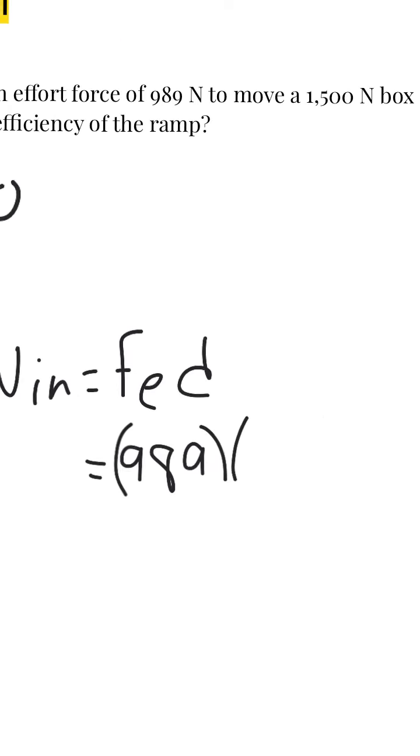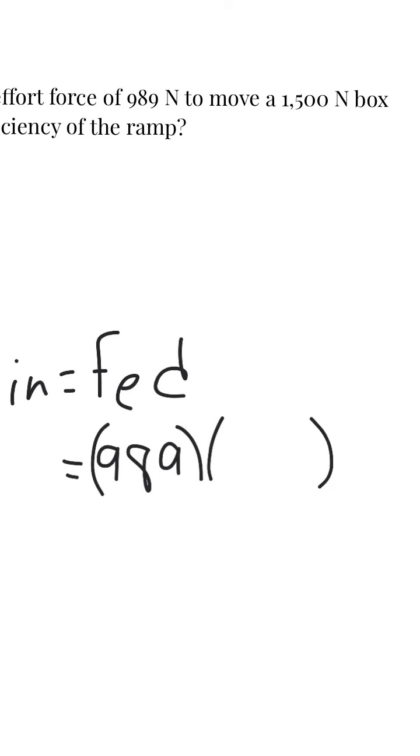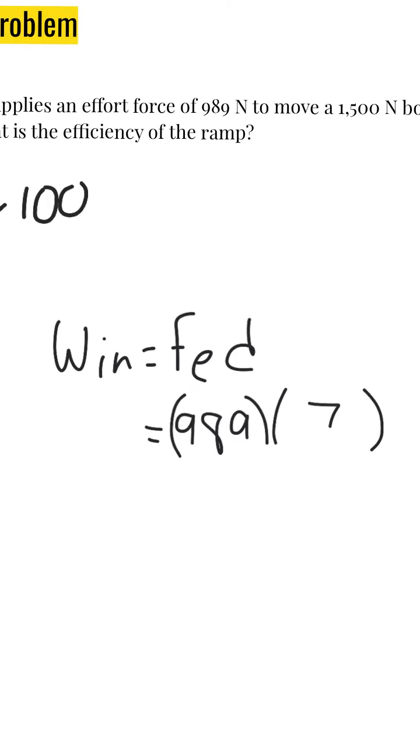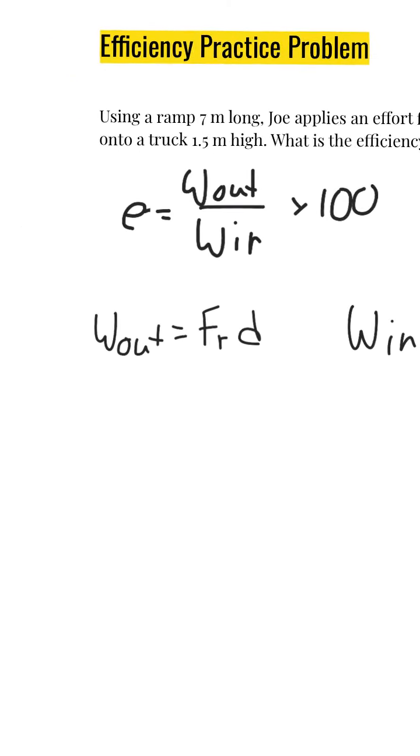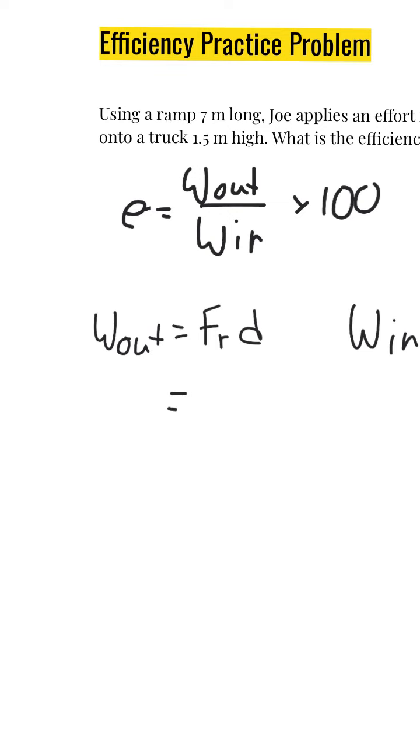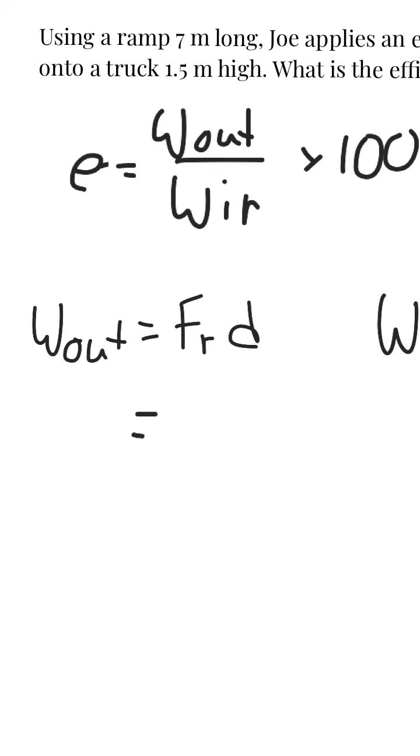And then we just need to know what is the distance that effort force is applied. He is applying this force over 7 meters because he's applying it all the way up the ramp. The output, the resistance force, is going to be the box, which is the 1500 newtons. So it's the other force that's left.